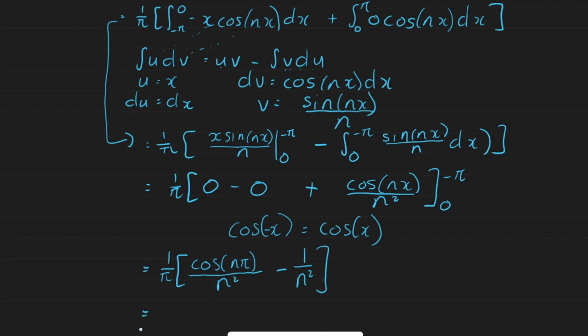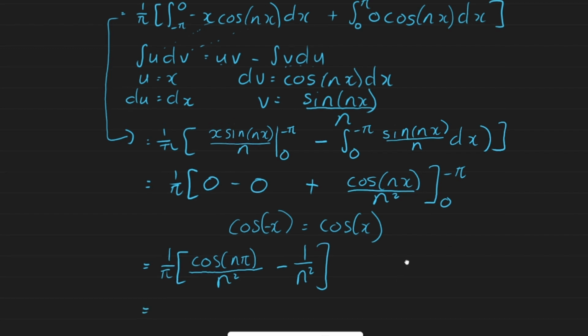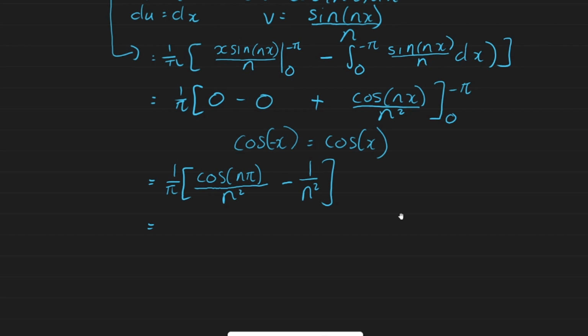So if we were to simplify this, when we pull out n squared as a common factor, what we get is 1 over pi n squared into cos of n pi minus 1.